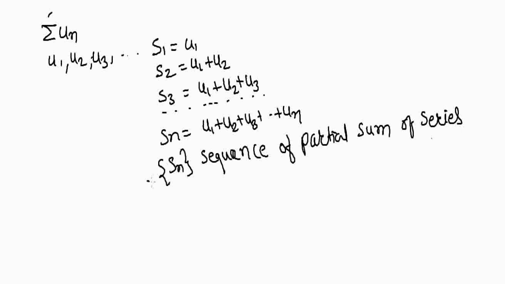When the sequence of partial sums Sn converges, the series is convergent. When this sequence is divergent, then the series is also divergent. And therefore the sequence of partial sums of the series plays an important role in infinite series.